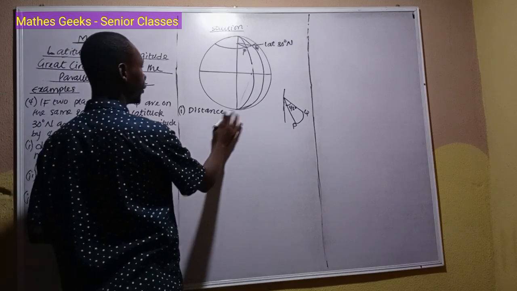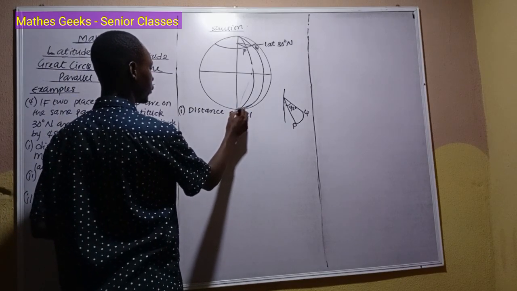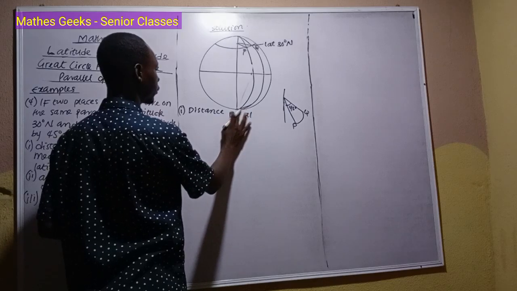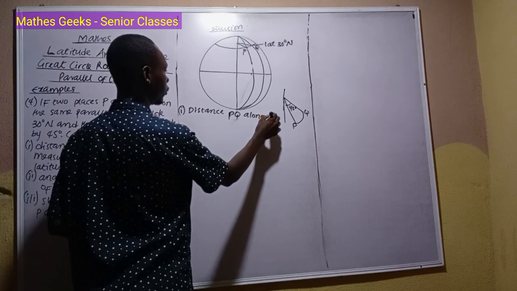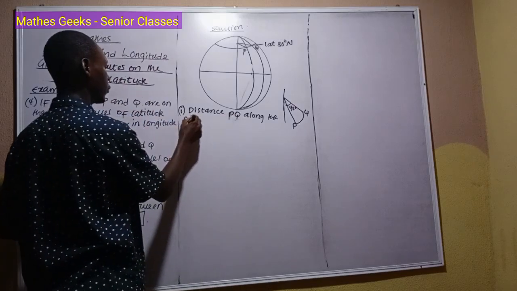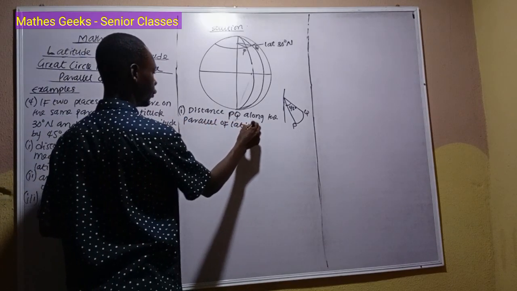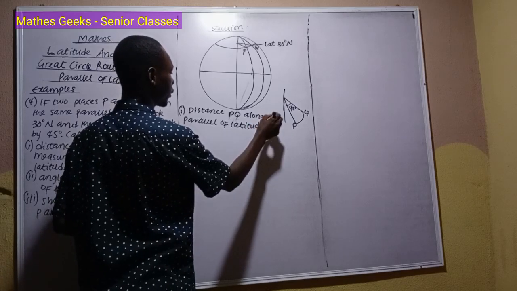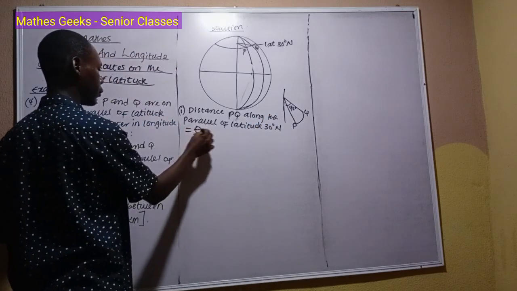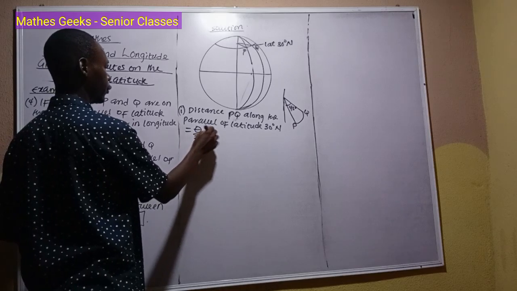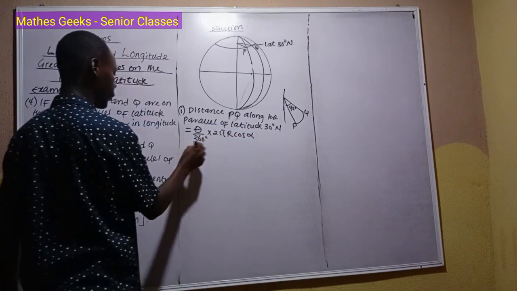So the distance PQ along the parallel of latitude 30 degrees north is theta over 360 degrees times 2 pi r cos alpha.